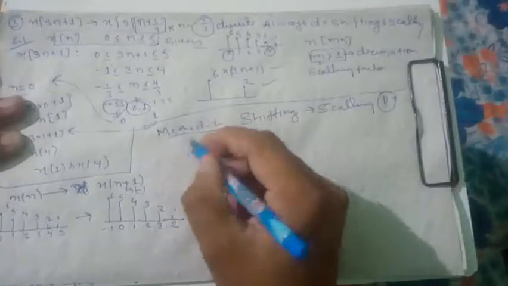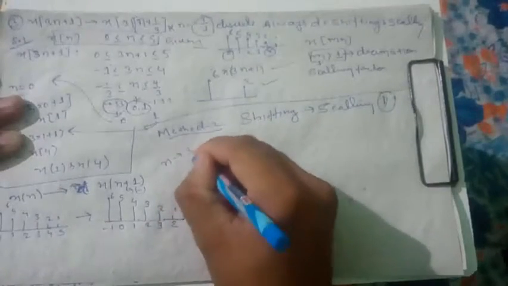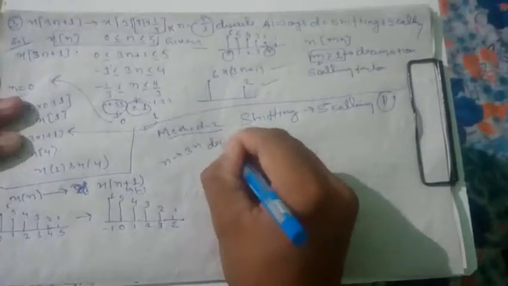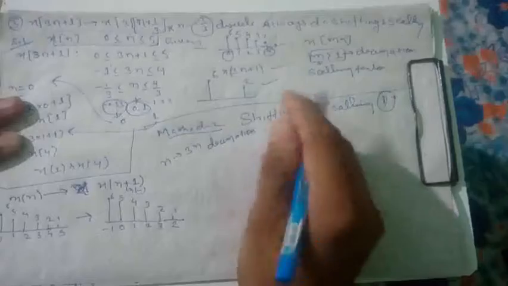Now just put n equals to 3n. That is decimation. For decimation, we have to just divide, for the signal.